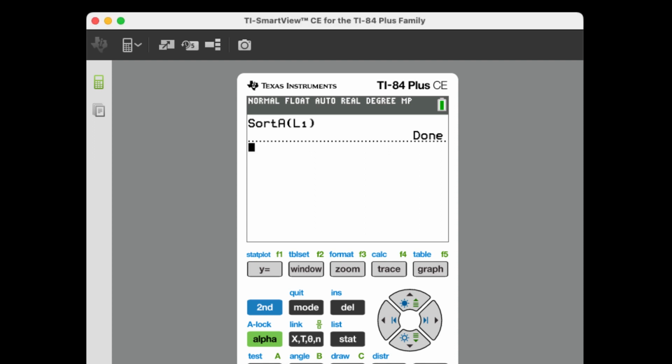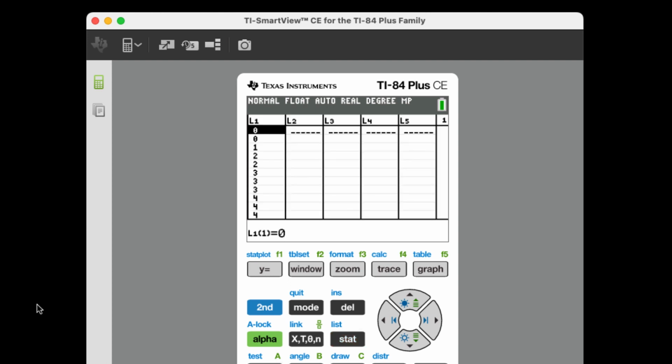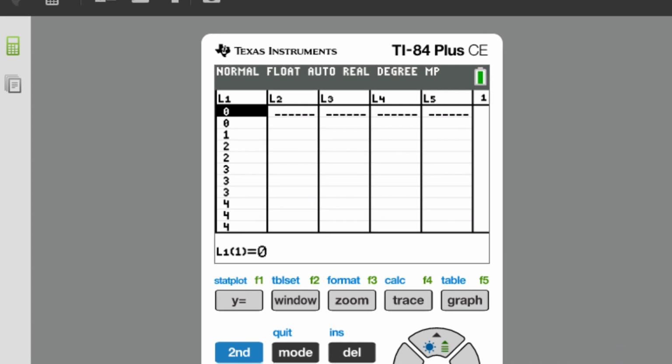So you get to review it, and then you say, okay, what was that deal? We got to go back to the list. So I go to Stat, Edit. Why am I going back to this list? Because now the list is sorted. What was the question? What is the percentile of the data value number 4? So I'm going to go all the way down to the one prior.